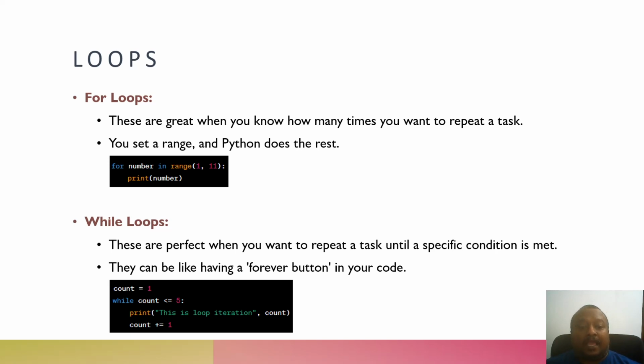They can be like having a forever button in your code. In the example given, it runs the loop while count is less than or equal to 5, and it prints the statement inside the loop. While iterating, it increases the count by 1.